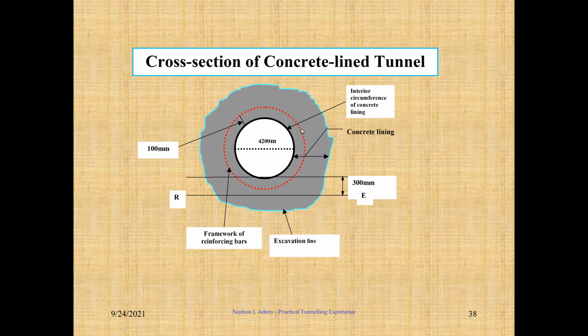And then look at this. What is this now? This is now the framework of reinforcing bars, the steel bars we saw. And then you see all of this is concrete lining.